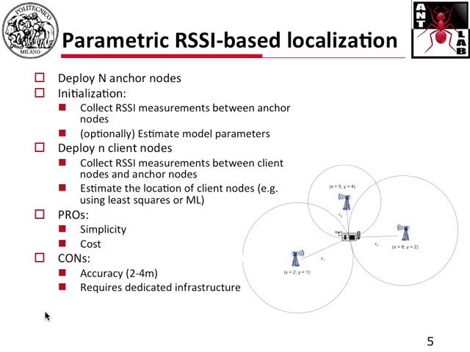Just a couple of observations. The first one is who sends and who receives. Basically, this very same system can be implemented by letting the anchor nodes send beacons down to the clients, the clients being the ones which receive the signal and then estimate the distance, or the other way around.